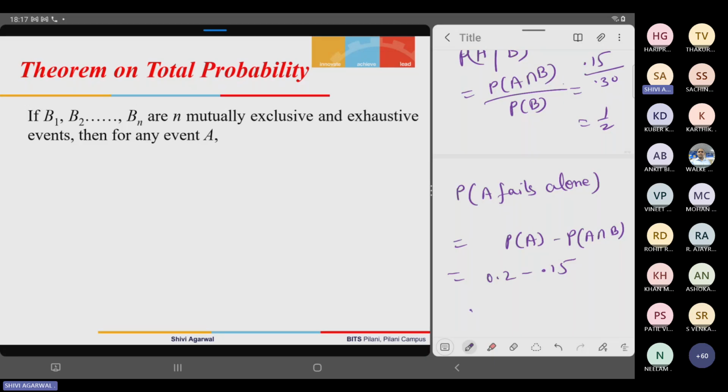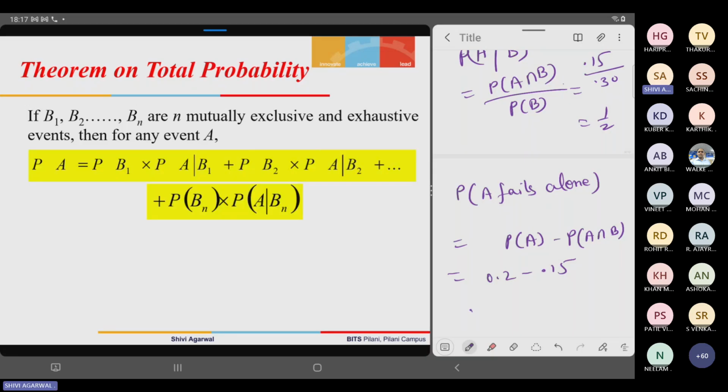But A alone means what? That half yellow circle, where we are removing the B part. So we can say that they are n mutually exclusive. You know very well about mutually exclusive events, that they have no common elements.